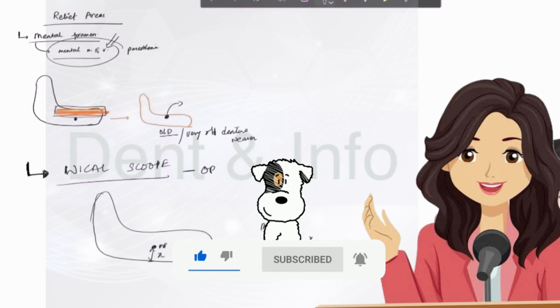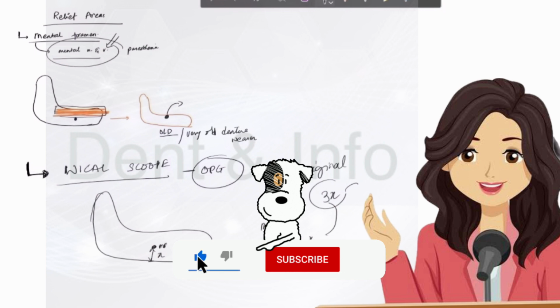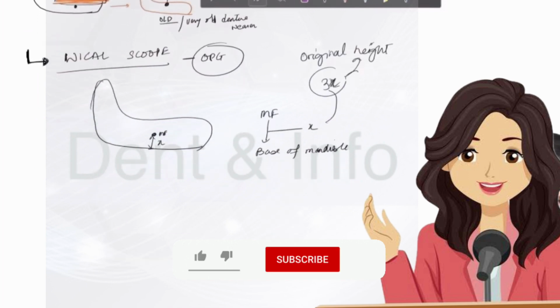You identify it on an OPG, right? This technique is done on an OPG. Multiply it by 3 times and that is your original height of the mandible. Original, before your residual ridge resorption started.